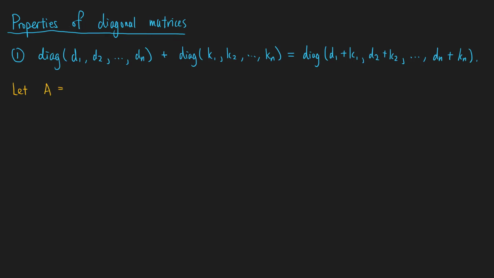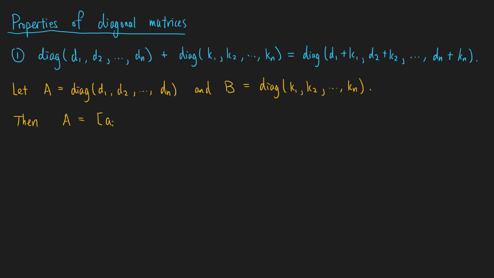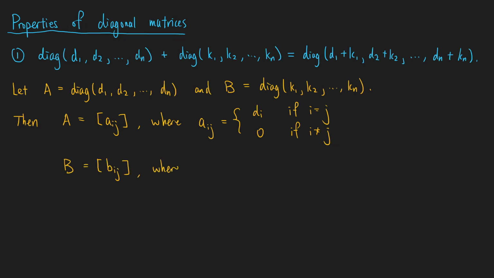To prove this, let A be the first diagonal matrix and B be the second diagonal matrix. Then A equals the matrix with entries a_ij, where a_ij equals d_i if i equals j and 0 otherwise, and B is the matrix with entries b_ij, where b_ij equals k_i if i equals j and 0 otherwise.